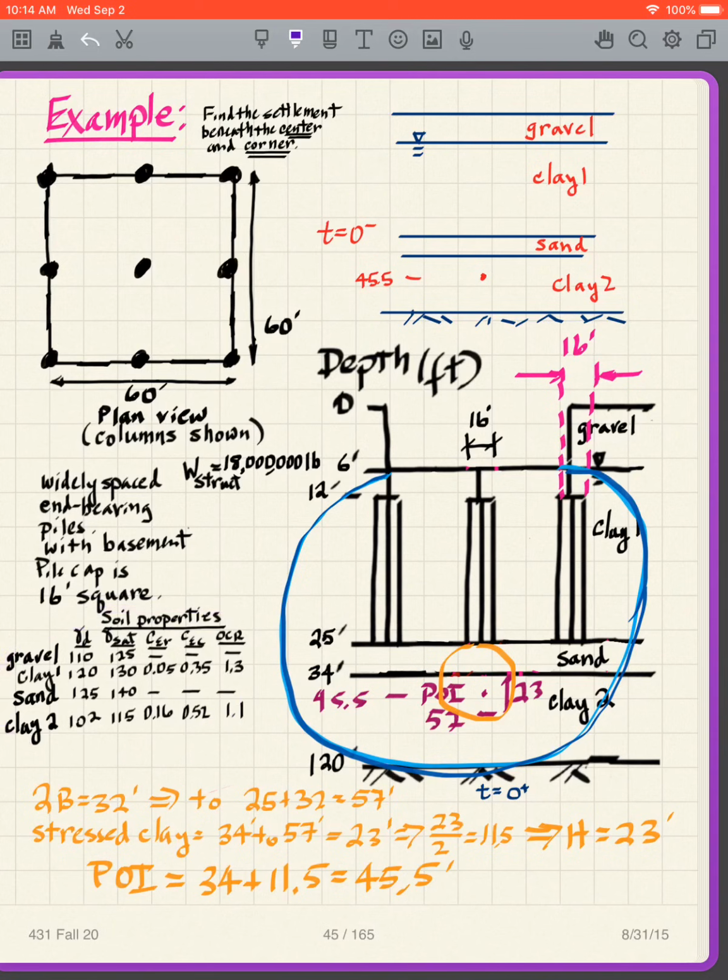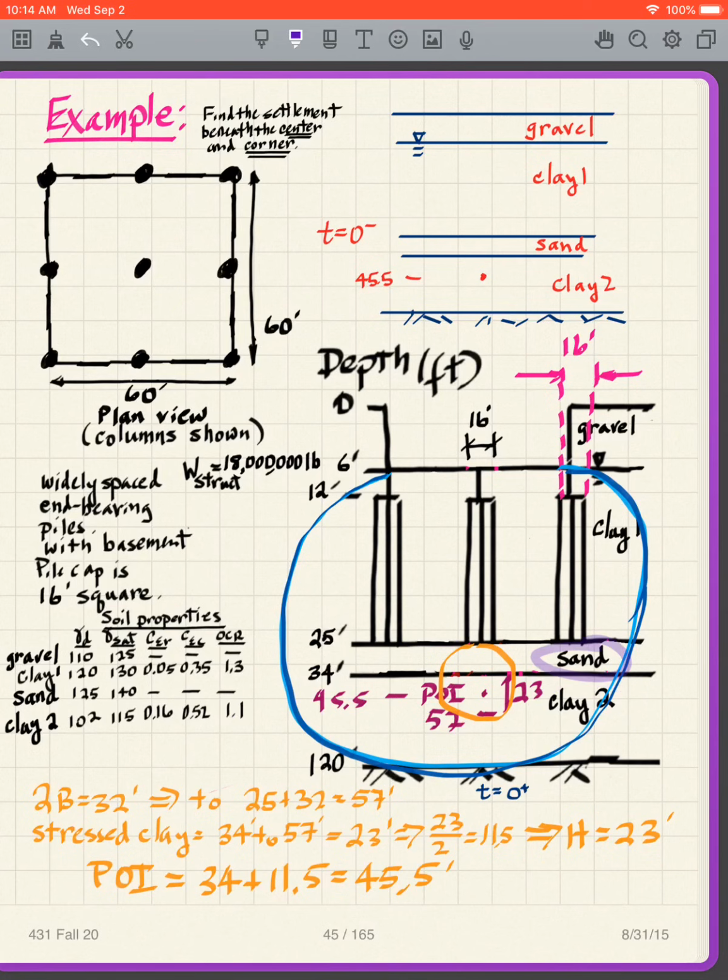And of course, the whole purpose of putting in these piles down to the sand layer is to avoid this clay. We're not going to load that clay, and that's the purpose of it, because that clay may be soft, so we're avoiding that top clay layer, and then we're only loading this bottom clay layer.